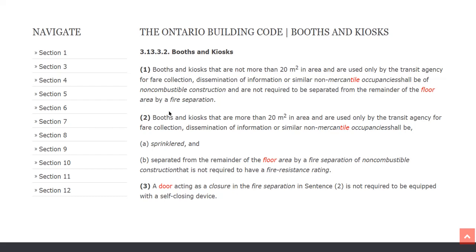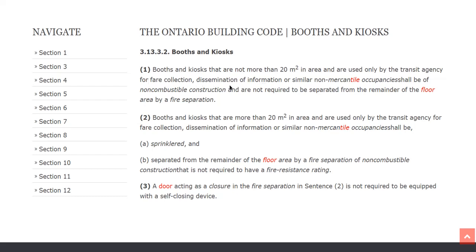If we jump to Sentence 2, just read this: more than 20 square meters. If it was 21 or whatever size, 30, 50, then we would look at Sentence 2. But since it's less, we're going to stick to Sentence 1.